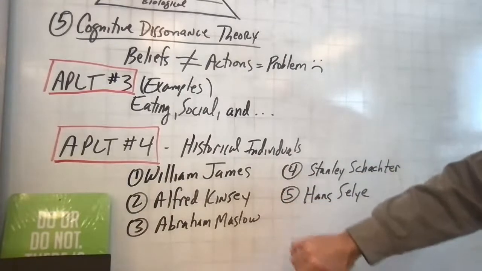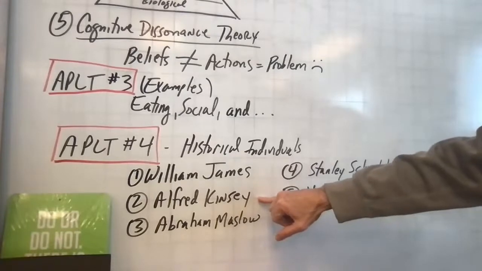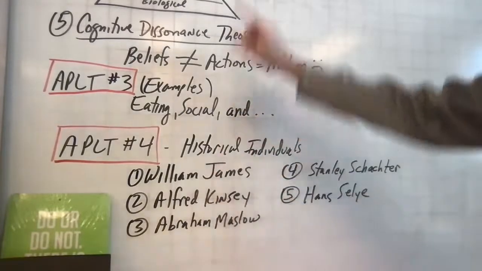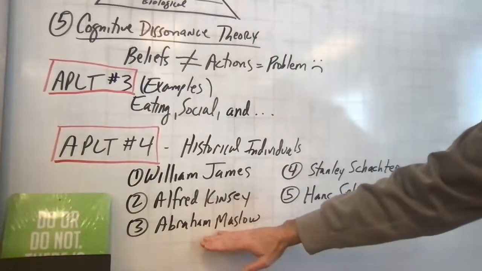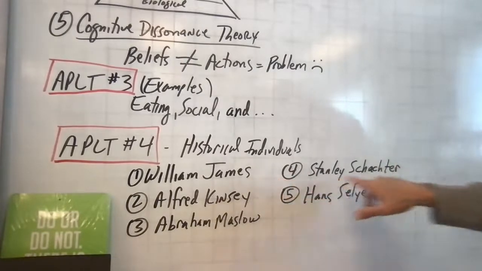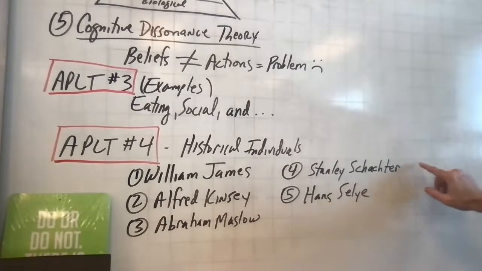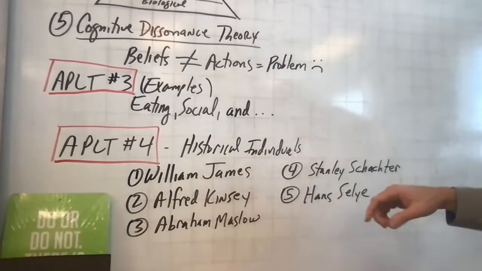Alfred Kinsey is probably the one that most of you don't recognize, but he is very famous for motivational and emotional theory. Abraham Maslow, Maslow's hierarchy of needs. He's also considered by some the father of humanistic psychology, so we should already have him. Stanley Schachter is a key figure in emotional theory. He developed the two-factor theory of emotion, which will be on the next video.